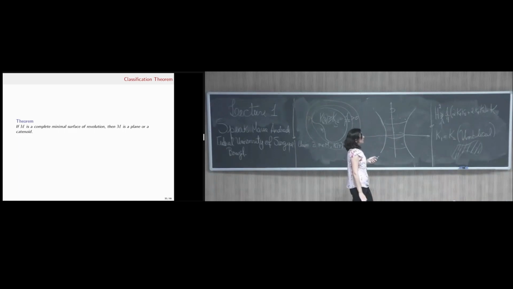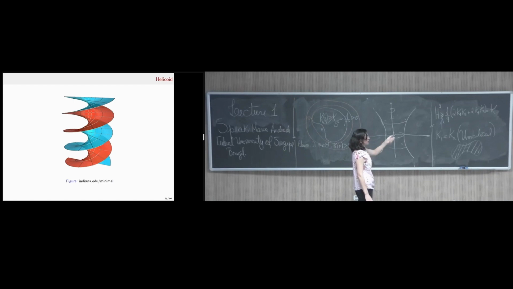This theorem is very important because when you have this type of theorem, you have a classification of surfaces. So at this moment in the history of minimal surfaces, the only known minimal surfaces are the plane, the catenoid, and another surface known as the helicoid.